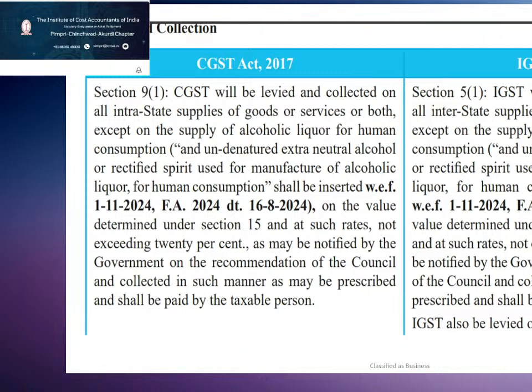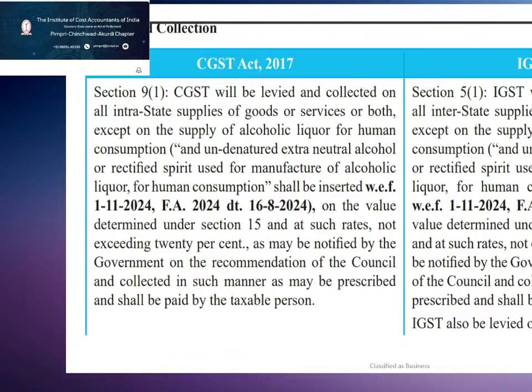A business which supplies goods through an e-commerce operator cannot opt for this composition scheme. The composition dealer cannot issue a tax invoice, he has to issue a bill of supply. The manufacturer of ice cream, pan masala or tobacco cannot opt for the composition scheme either.